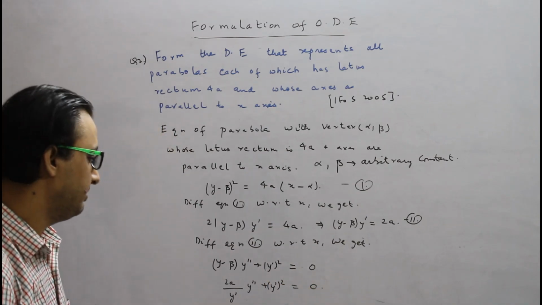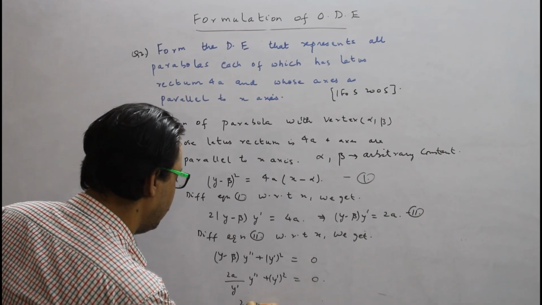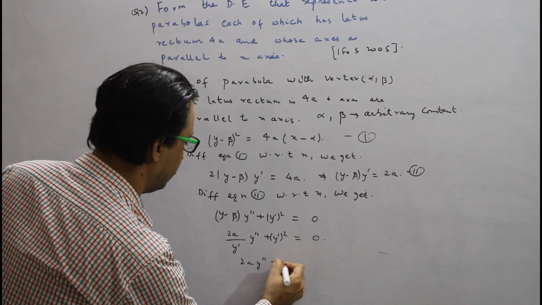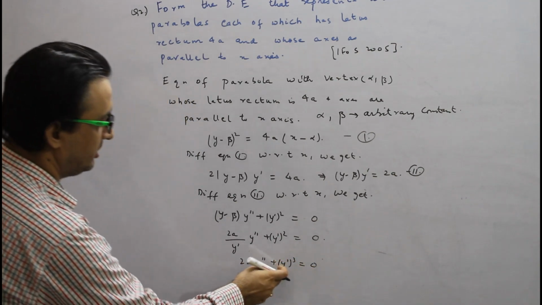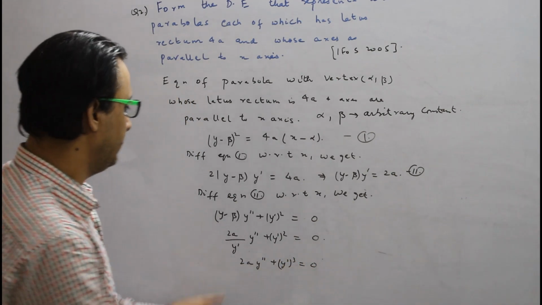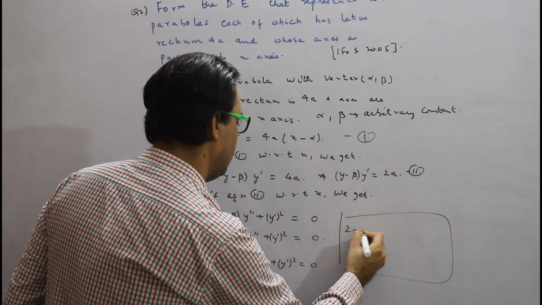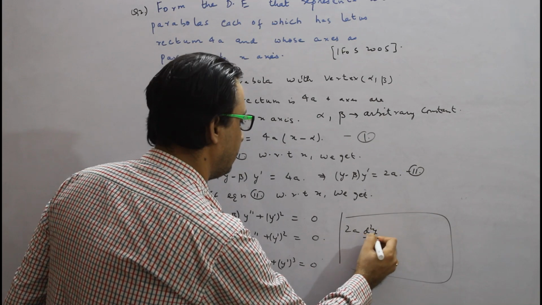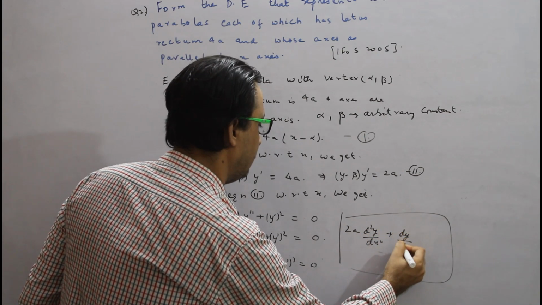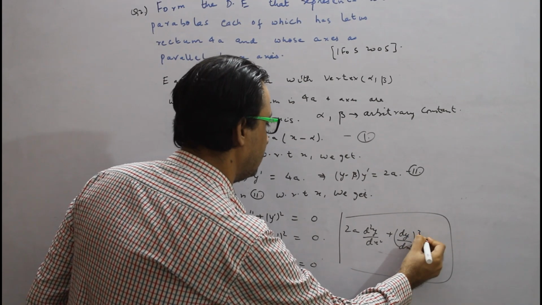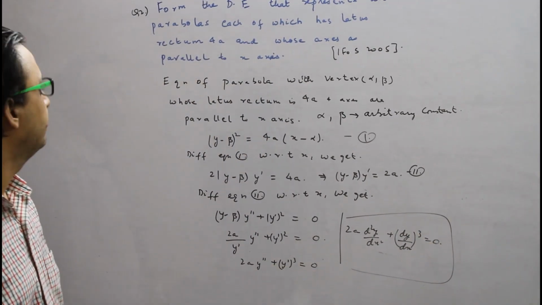Simplifying further, we get 2a y double dash plus y dash whole cube equals 0. In standard format, that is 2a d square y by dx square plus (dy by dx) whole cube is equal to 0. So this is our answer.